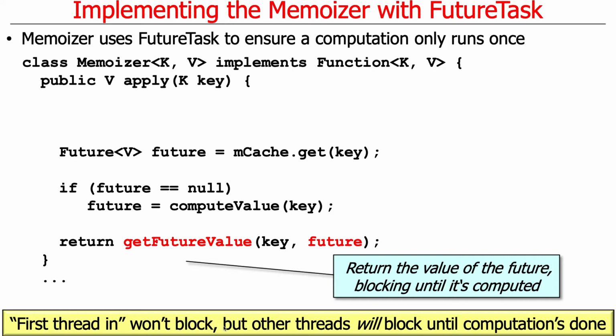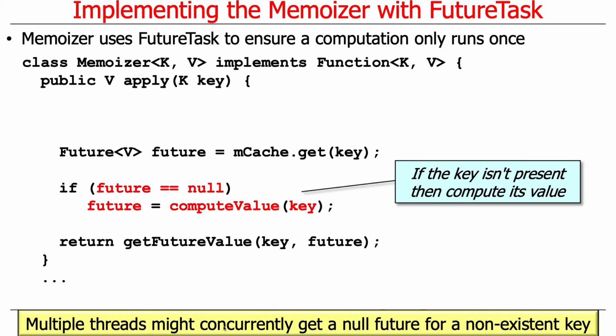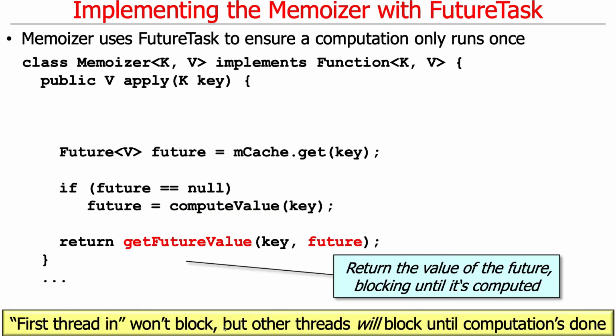But all the other threads that come through will end up blocking on the future in this call until the computeValue computation is done by the first thread that came in. So this is basically implementing that cool atomic check-then-act feature that computeIfAbsent had out of the box in Java 8 and beyond, and we're doing it using FutureTasks.